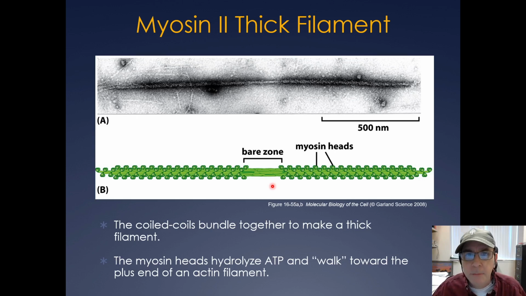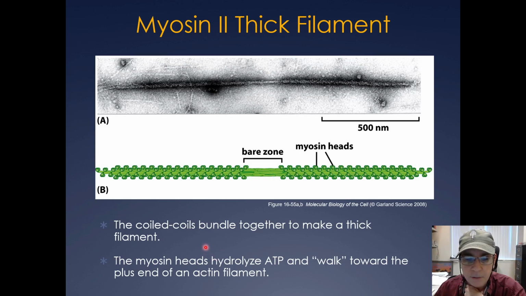And in fact, the myosin 2 thick filament, which is basically how it's assembled in a muscle cell, is a bipolar filament. And here's an electron micrograph of it above. All of the various myosins are attached together and bundled, and so they form this bipolar filament with the head groups.